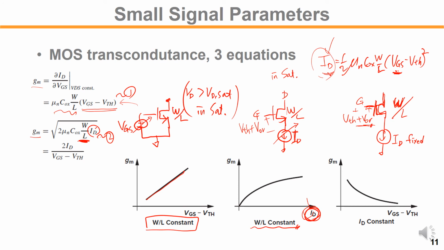So the relationship between GM versus overdrive voltage is what? Everything else is fixed. The ID is fixed. So for the given ID, the relationship is GM = 2 ID over overdrive voltage. This last third equation doesn't have μn COX W over L, right? All these physical parameters are missing.